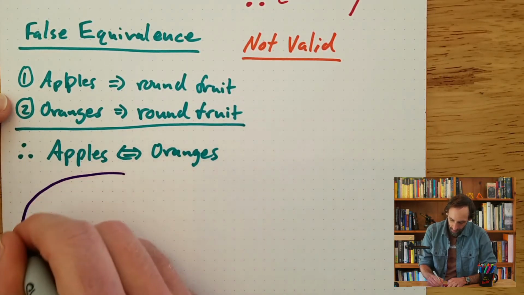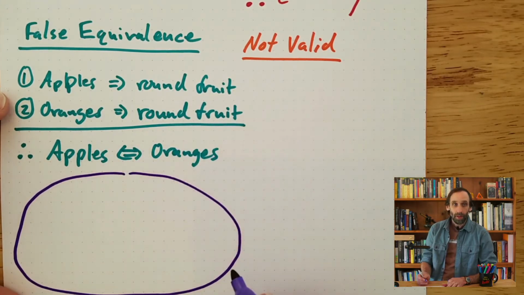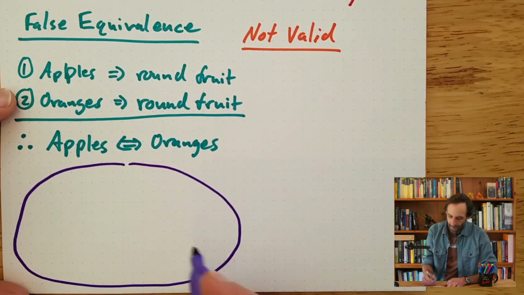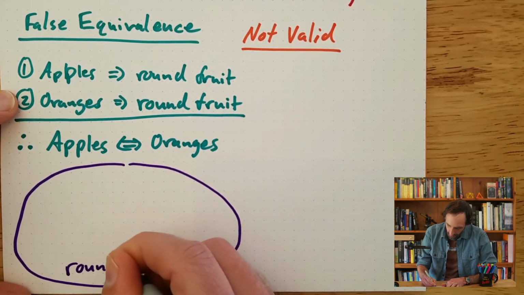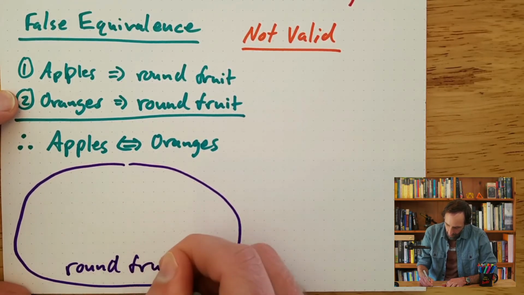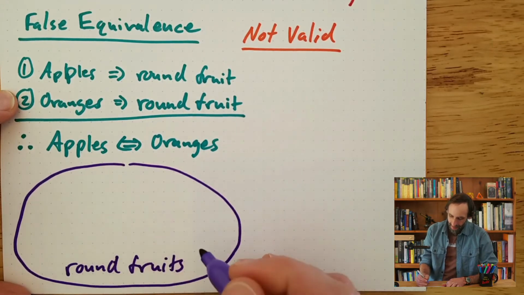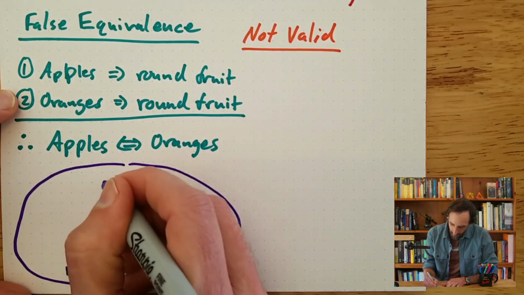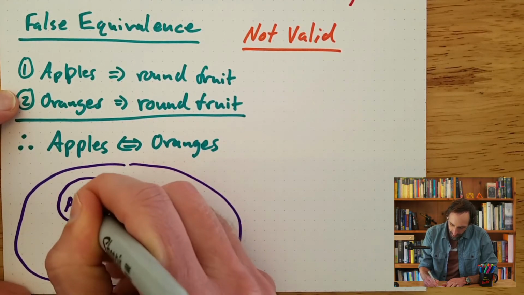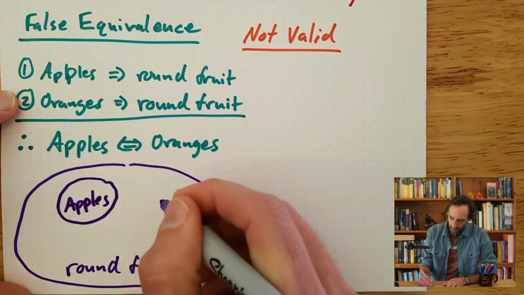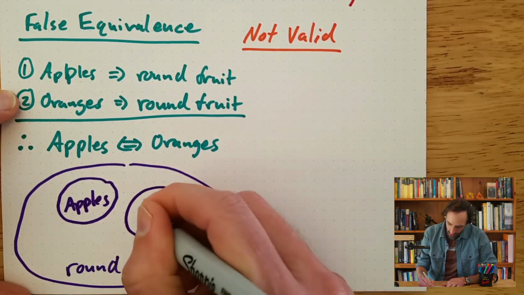Well, let's draw a little Venn diagram, and we'll say that this is the set of all round fruits, and within this set we have the set of apples, and then we also have the set of oranges.